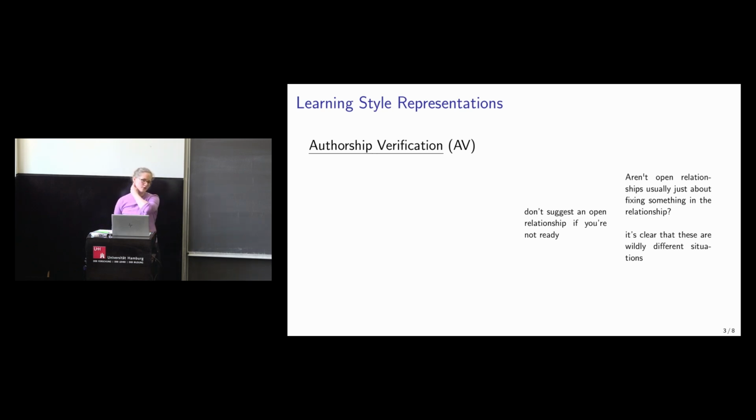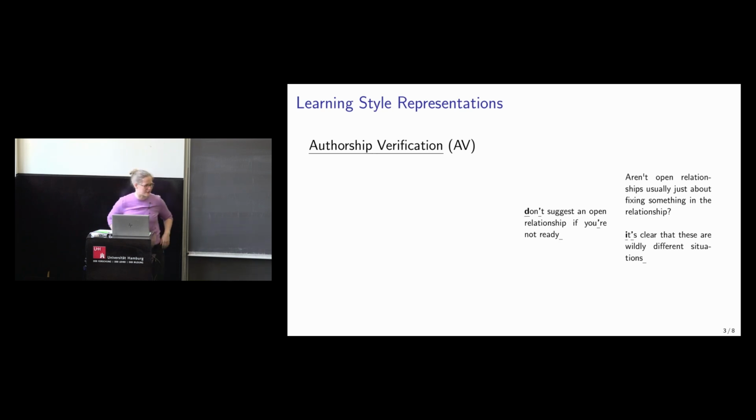Would you know which two of them? Yeah, probably, don't suggest an open relationship, and, it's clear that these are widely different situations. And why would you say that? Because of the decapitalization at the beginning, in lowercase, but still using upper-level features like the abstraction. Right. Yeah, that's right.